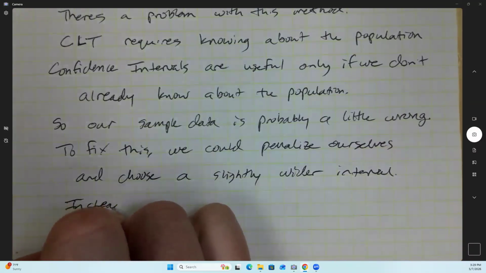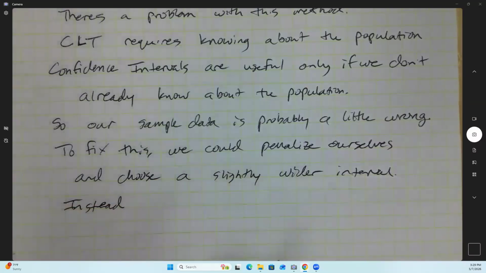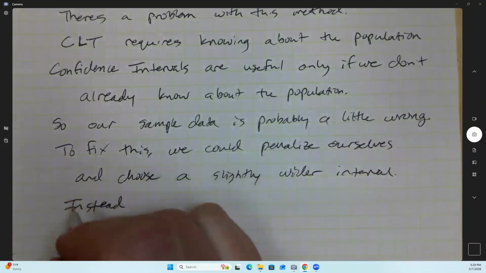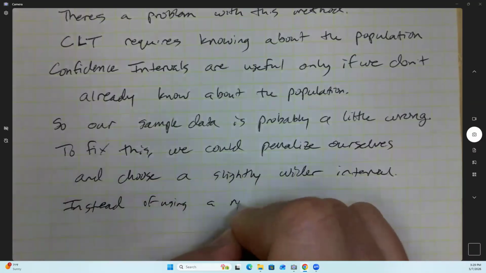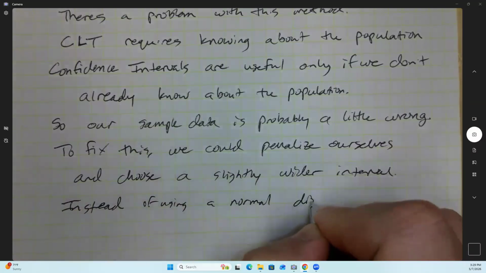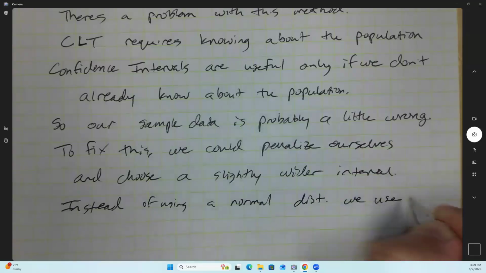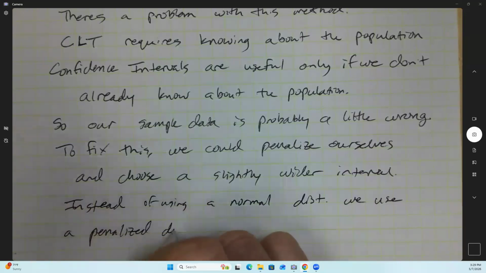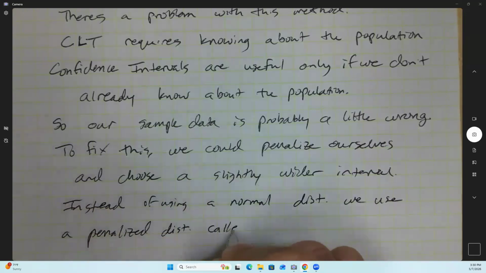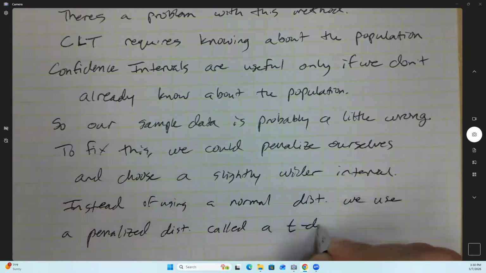The technical way to do this, and I'm telling you this mostly because you might see it in the future. For me, and honestly for most statisticians, this is not an issue that we deal with in practice. Instead of using a normal distribution, we use a penalized distribution called a t distribution.